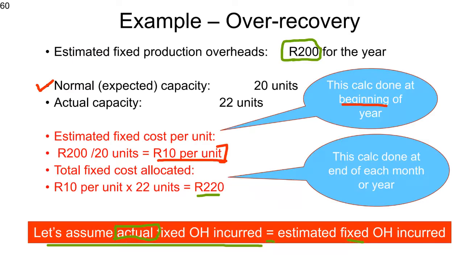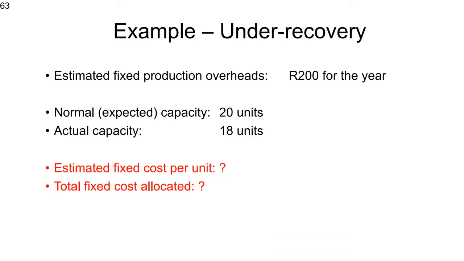If you have a look at this slide that we just looked at, this was a situation where we had normal production or normal capacity of 20, but we produced more. Now the question next is, what happens if we produce less? And that is what we call an under recovery situation. So let's have a look at this now.